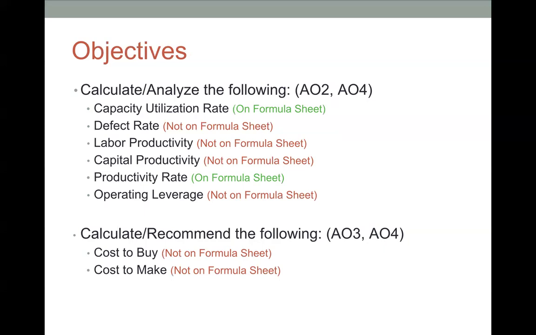Defect rate, pretty intuitive. Capital productivity, you have to think about working capital. Operating leverage, you really want to make sure you're thinking through unit contribution and total contribution and how that works. So that is today's lesson. We will practice all of this upon your return.